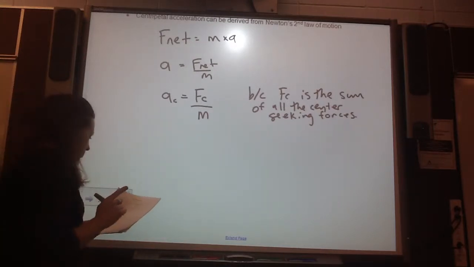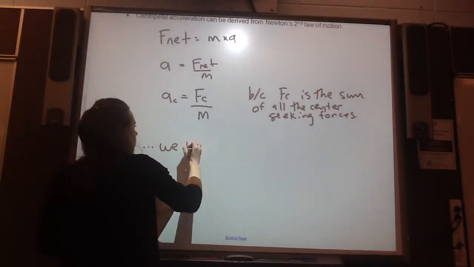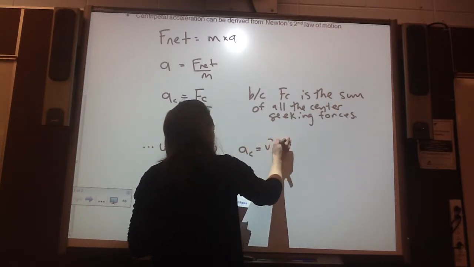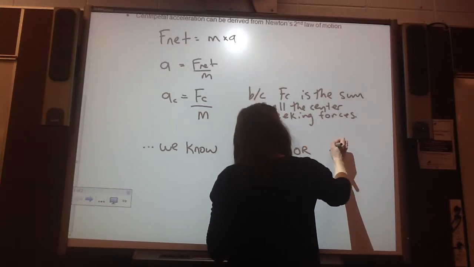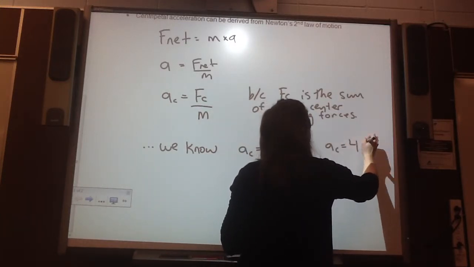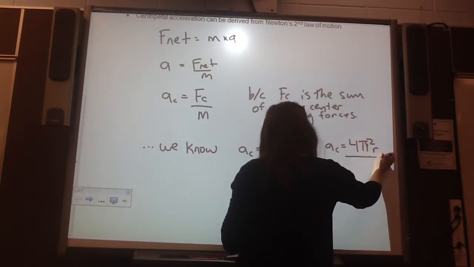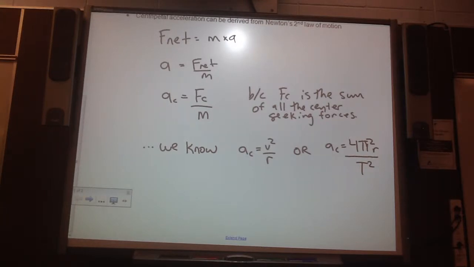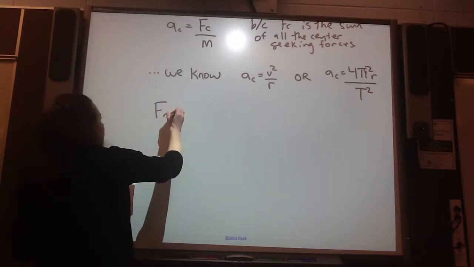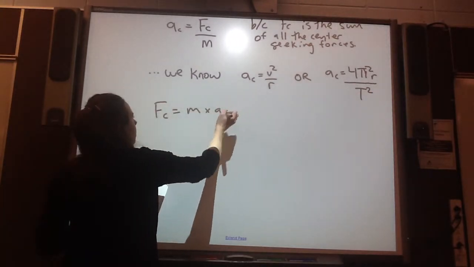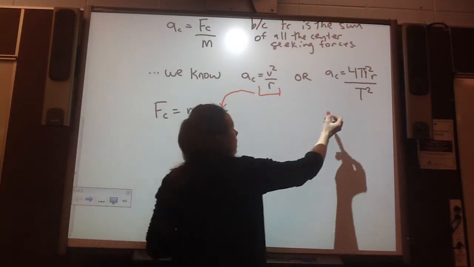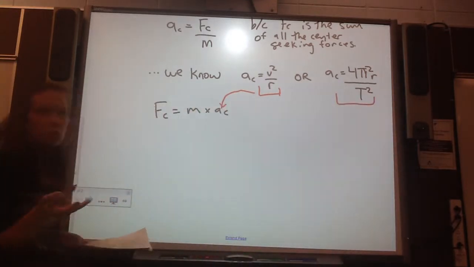So now, we know from yesterday, or the day before, that a_c is equal to v squared over r, or a_c is equal to 4 pi squared times r divided by T squared. So I'm going to substitute that in. I'm going to actually go back to just F_c is equal to m times a_c. So now I can take these and substitute them into a_c to make two new formulas.